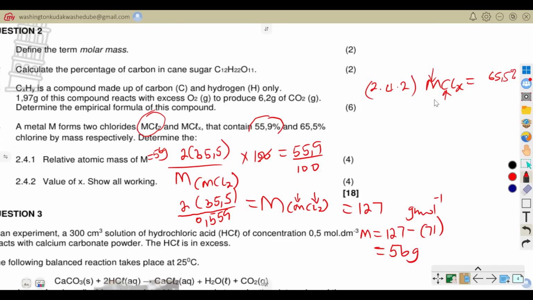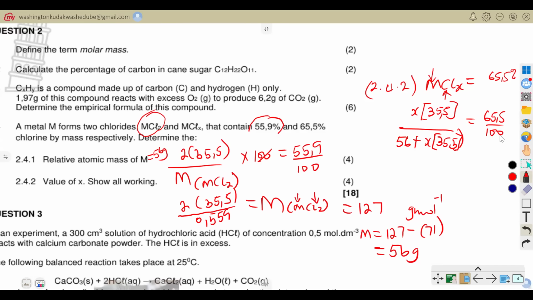Now I know the molar mass of M. So what it means is X times the atomic mass of chlorine, which is just 35.5, divided by the total molar mass of this, which would be the molar mass of M, which we found out to be 56, plus X times 35.5, because the molar mass of this would be this, and this is supposed to be equal to 65.5 divided by 100, because here we would multiply by 100.